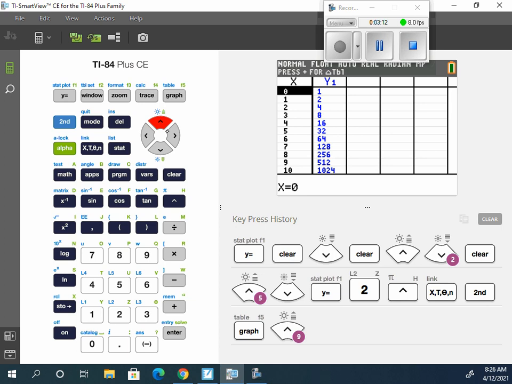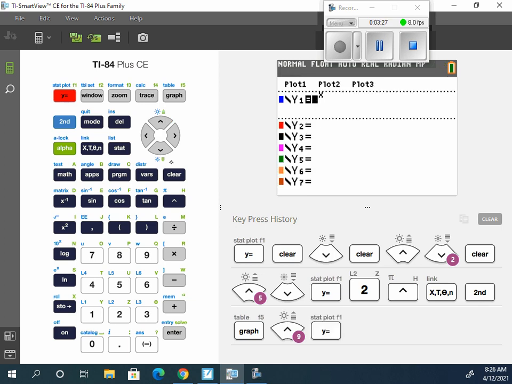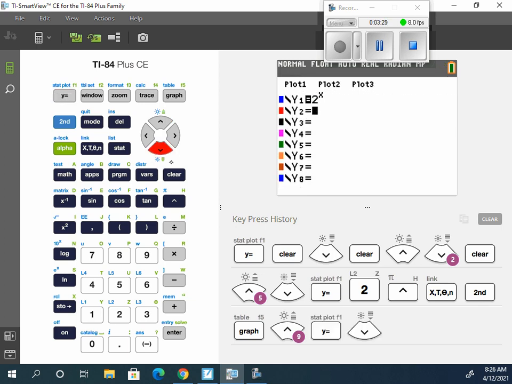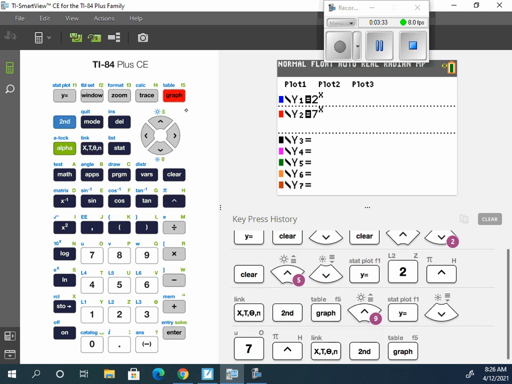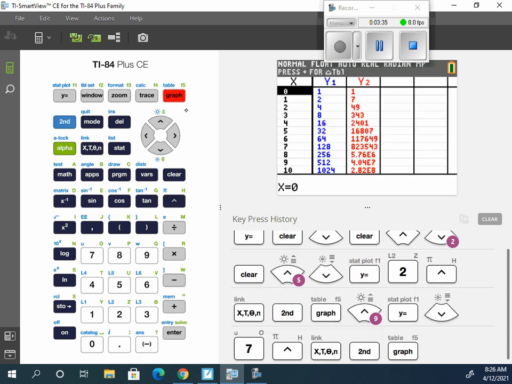Well, we put 2 to the first. Well, now we're at 2. 4, 8, 16, 32, 64. This thing is increasing faster and faster as the exponents increase. This is even more so if we said 7 to the x. 1, 7, 49, 343.